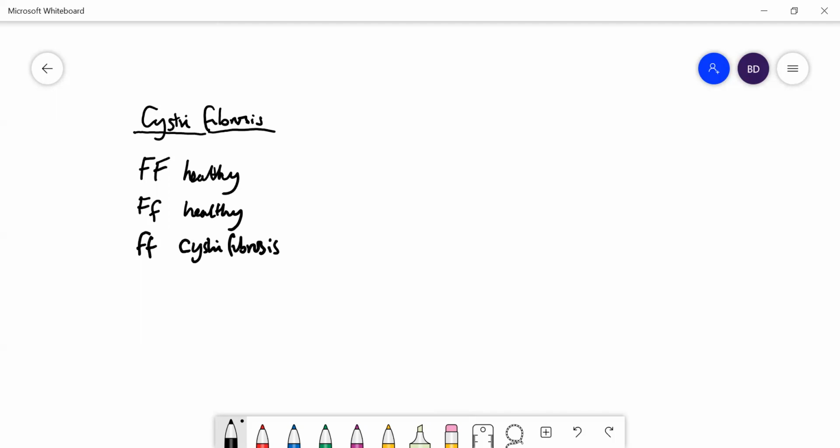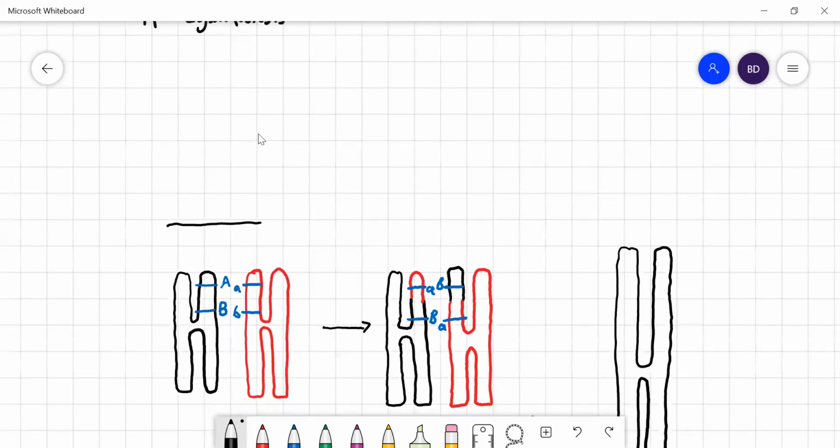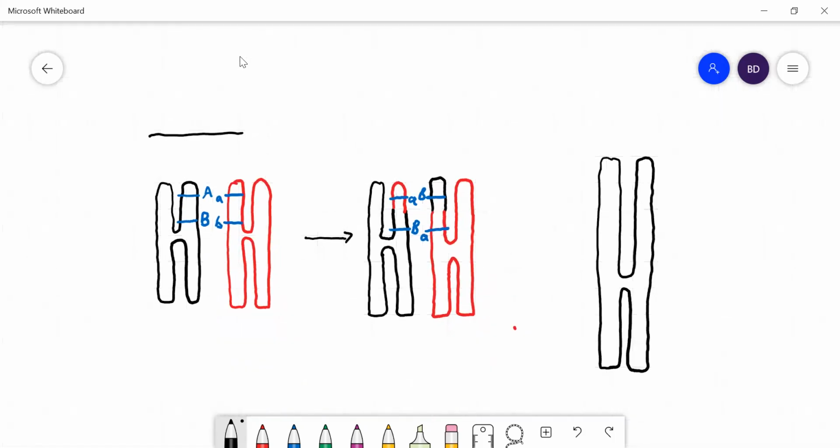Right, now, in order to find out whereabouts in the human genome it was, they had to make something called a genetic map, which we'll just explain down here. Right, so what I've got here is a pair of homologous chromosomes, okay? And we're looking at two gene loci here.